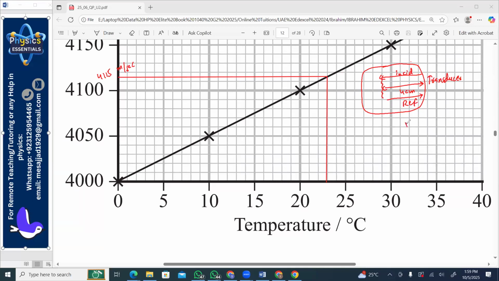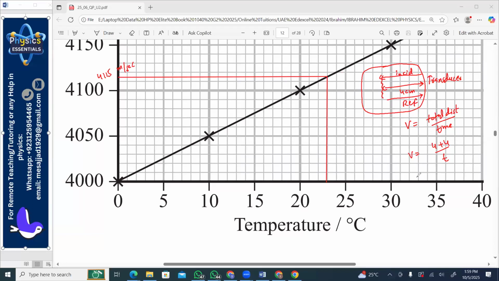So it means the speed of the sound is actually equal to the total distance divided by time. And the total distance is 4 centimeters plus 4 centimeters, divided by time, which is the thing we need to find.